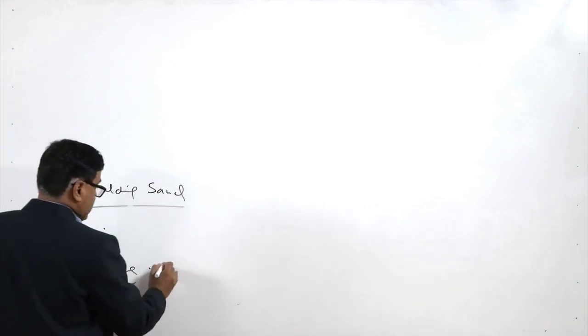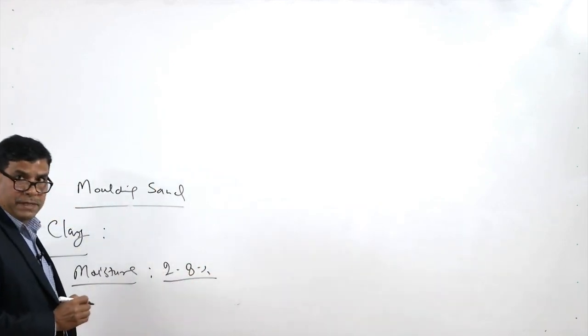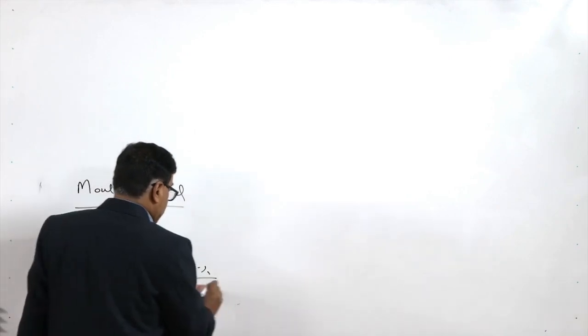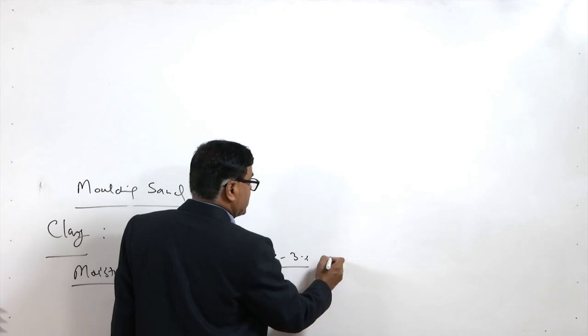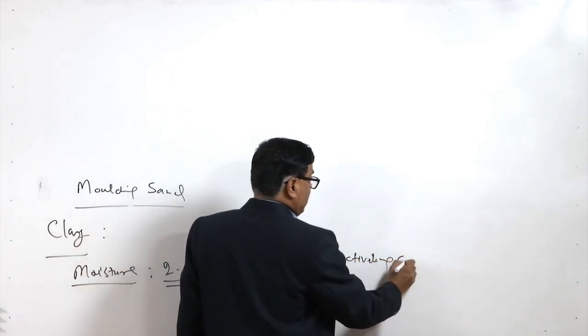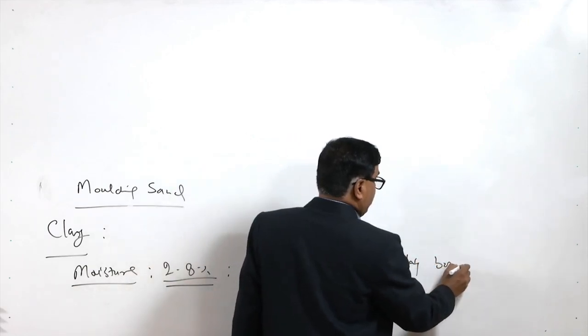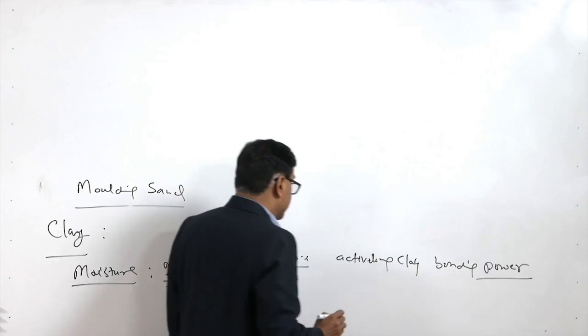As I have told, 2 to 8% moisture is added, and about 2 to 3% is needed for activating the clay, so that the desired bonding power can be realized for having good strength.